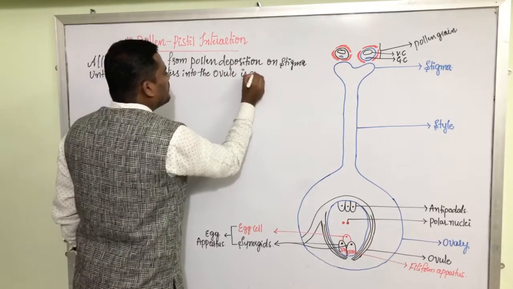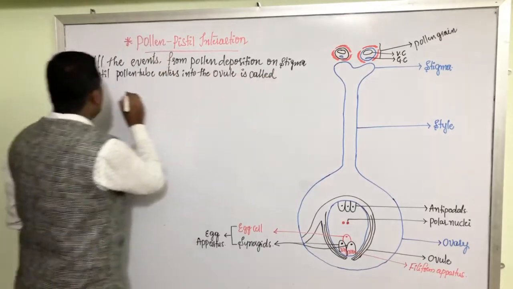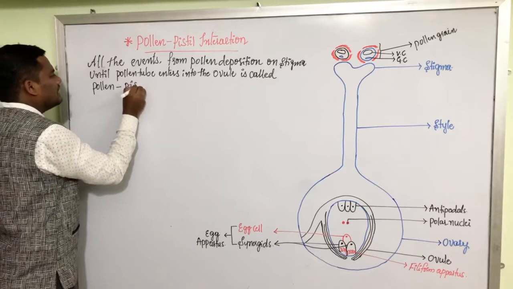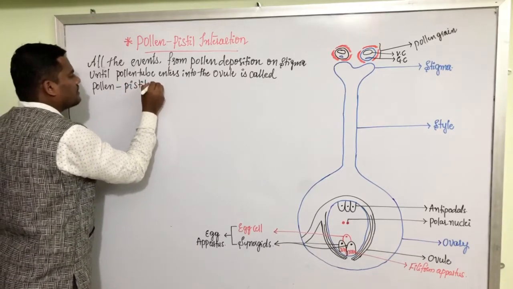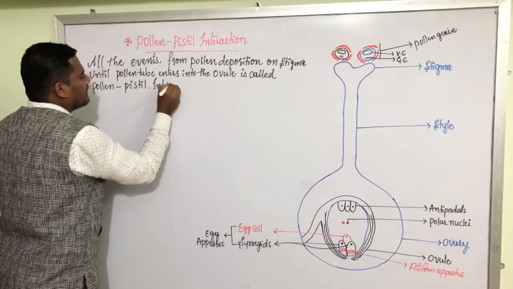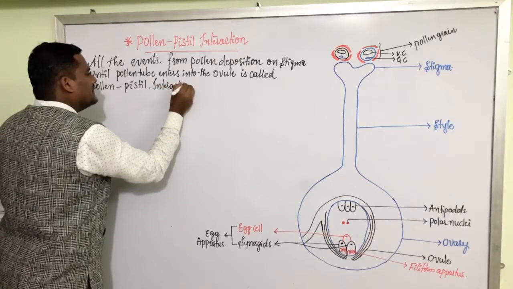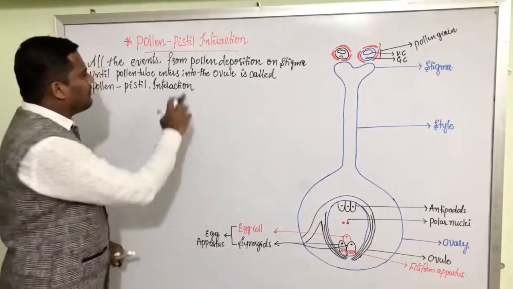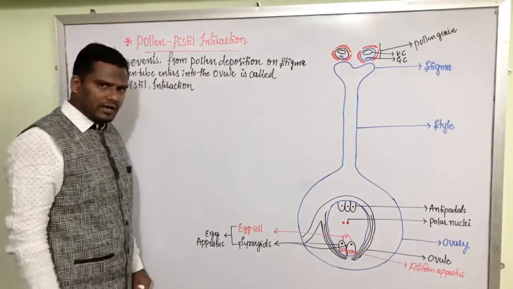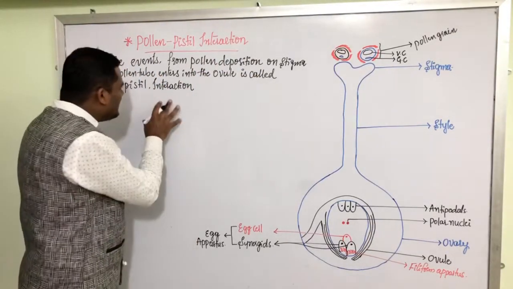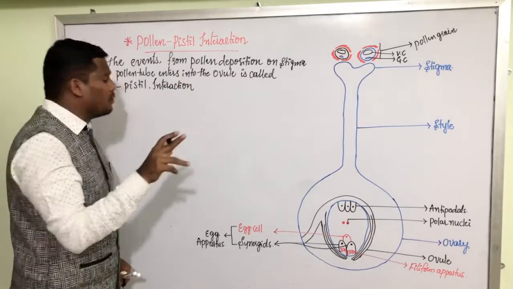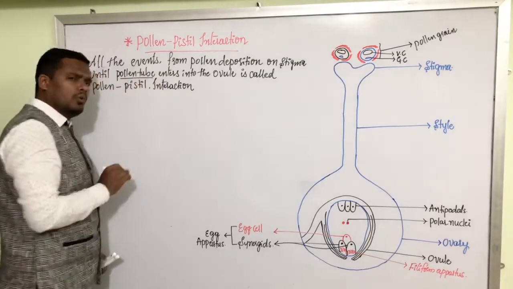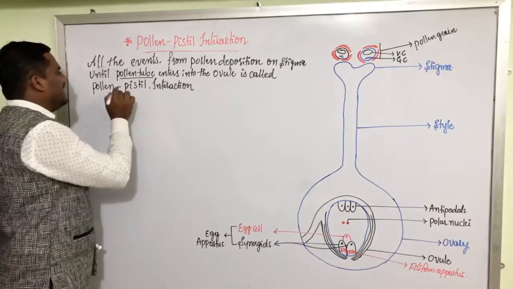That means the series of events happening from the deposition of pollen grains on the stigma until the pollen tube enters into the ovule is called pollen-pistil interaction.